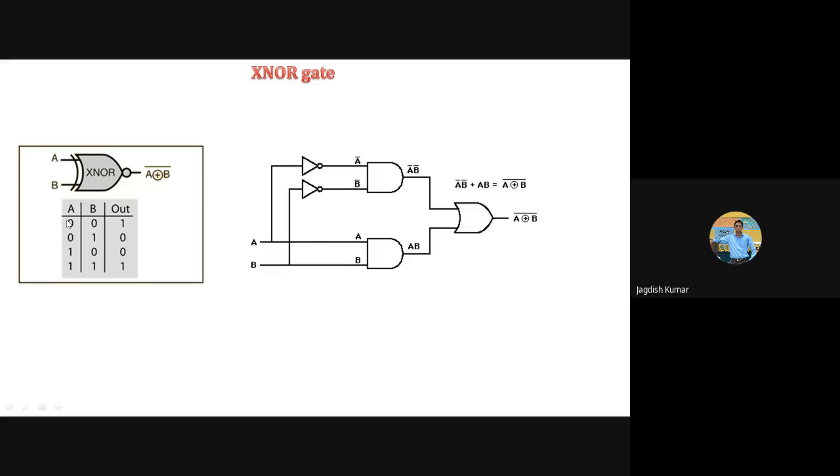Now you can try that if you place different combinations of A and B, accordingly the output will be matching with the given truth table. This you can do on your own. I'm leaving it to you. But yes, if someone asks you how an exclusive NOR gate can be obtained from basic gates like AND gate and NOT gate, you can show this expression to get the exclusive NOR gate.